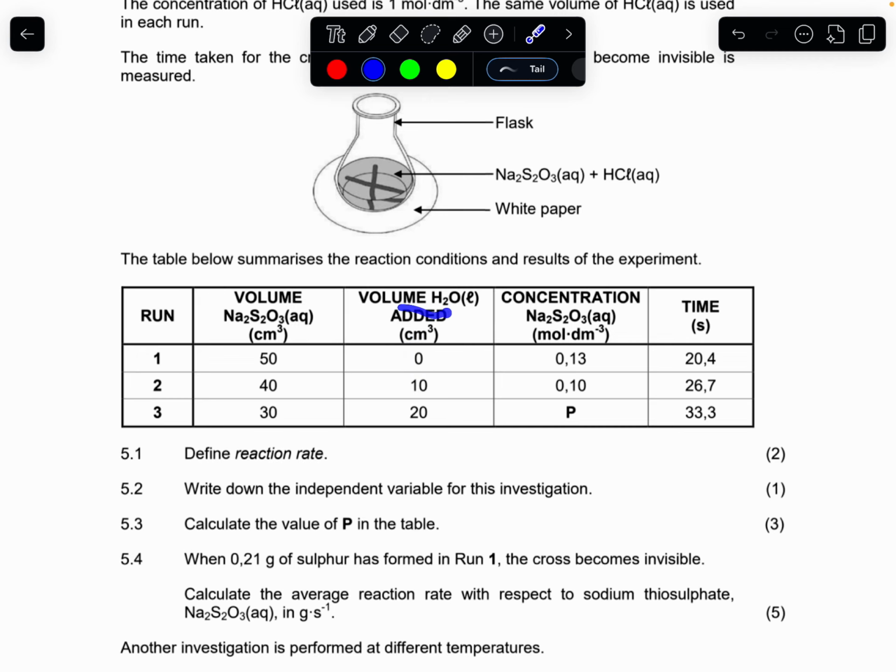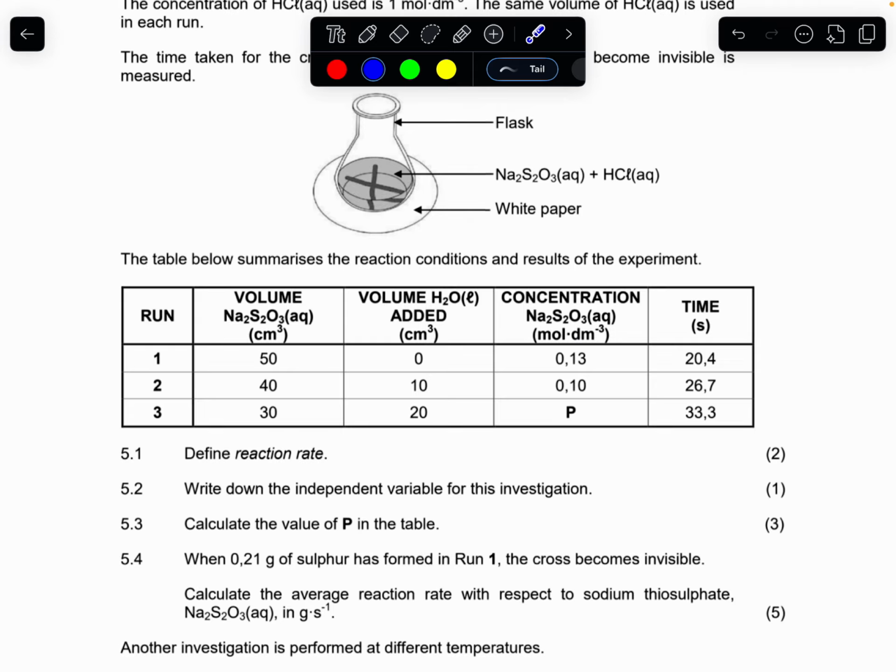If you add water, you are changing the concentration, because C is equal to n over V. If you increase the volume of solvent, the concentration of the solution will decrease. In run 1, with no water, it took 20.4 seconds.